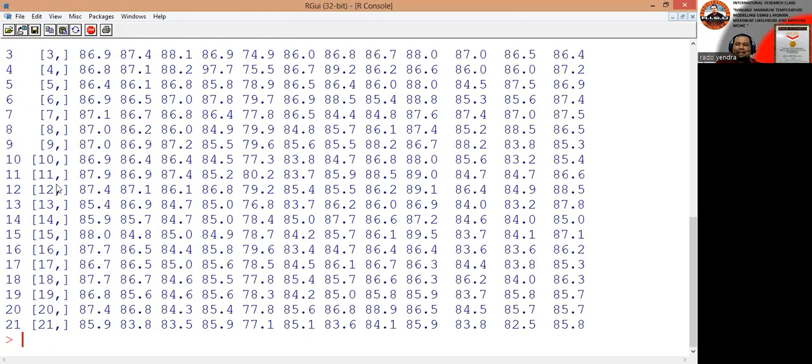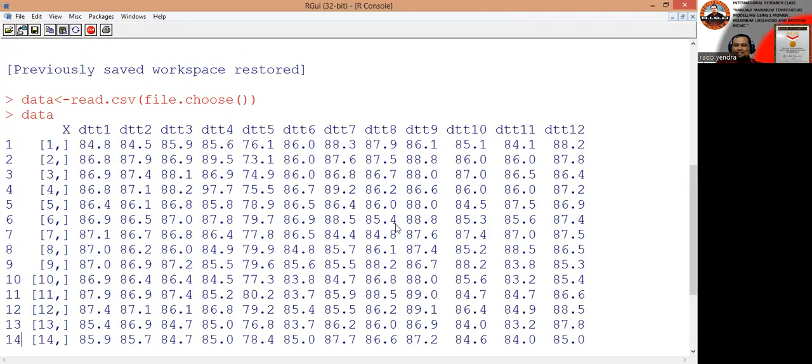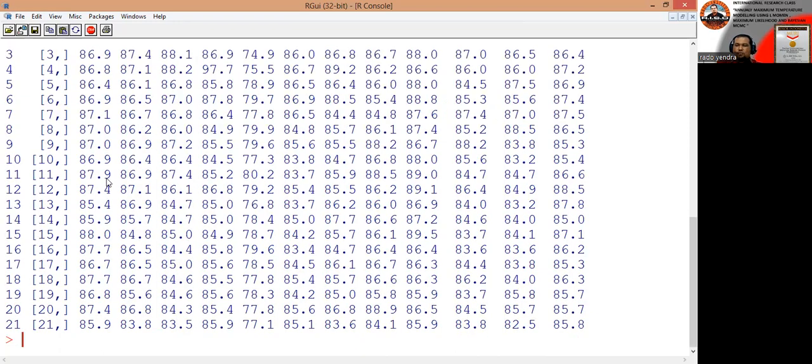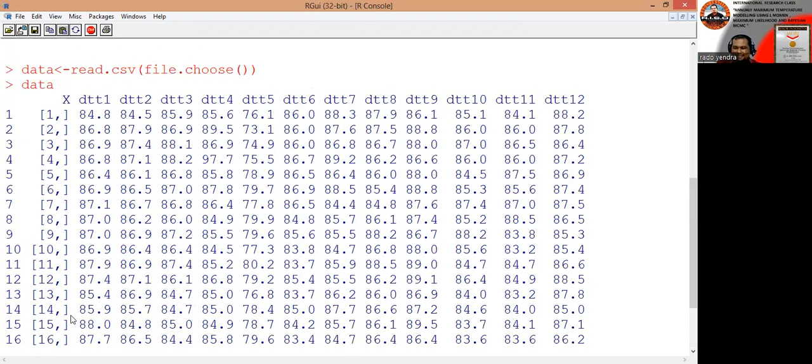Okay, in the data, you can check here, there are 12 station data. For each station, we have 21 data. 21 data means we have 20 years.